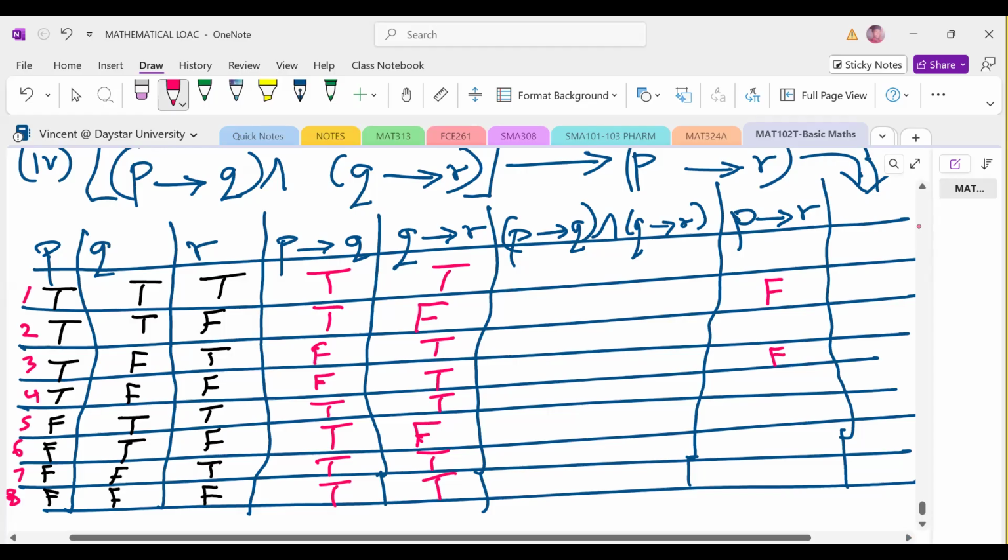Those are the only ones. So then you put your T, T, T, T, T, T.